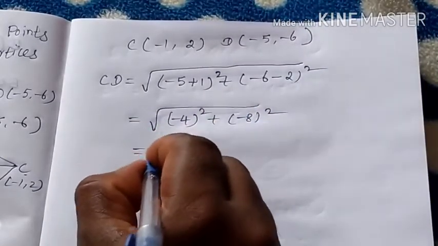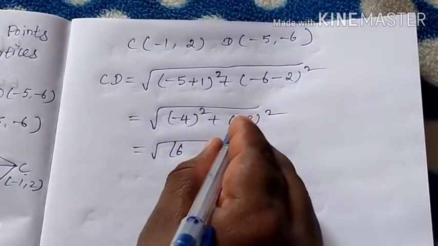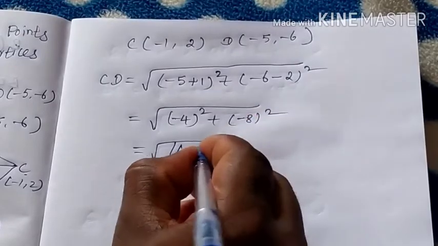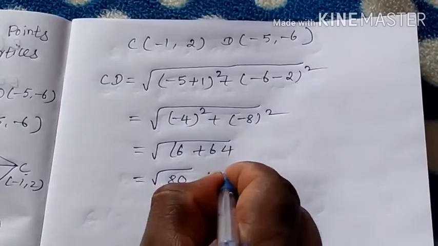Okay, this is equal to the square root of minus power even number plus, 4 squared is 16. The same manner, minus power even number is plus, 8 squared is 64. Sum of two values, also 80 units.